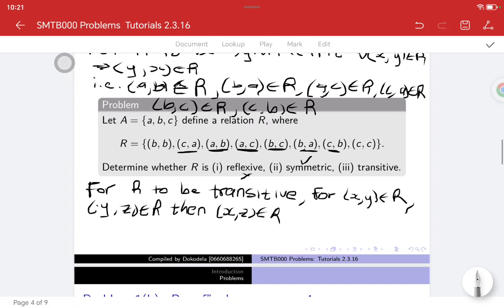In other words, if I have ABC and AB is an element of R and also BC is an element of R, by transitivity it means that AC should also be an element of R.